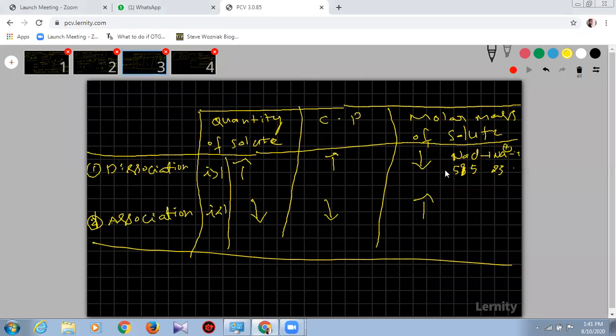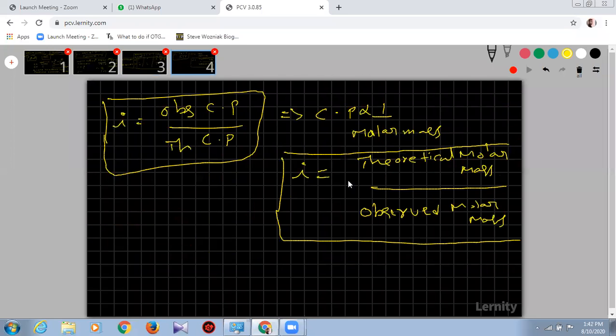Sodium chloride, once dissociated: initially, if you take purely the solute, the molar mass is 58.5. Once it gets broken, it becomes another particle or not? So that is the concept I'm telling you. Generally, this applies here: Van't Hoff factor is equal to theoretical molar mass by observed molar mass.